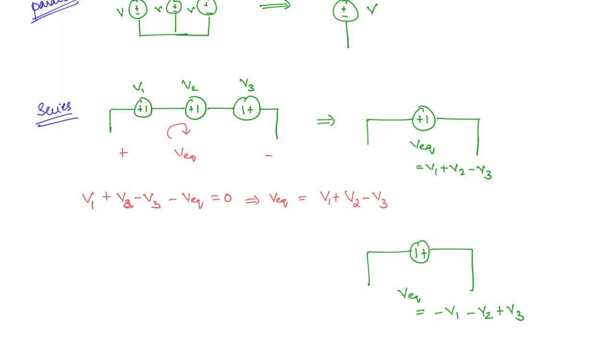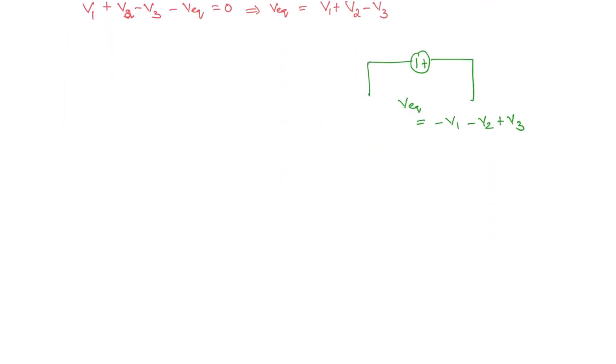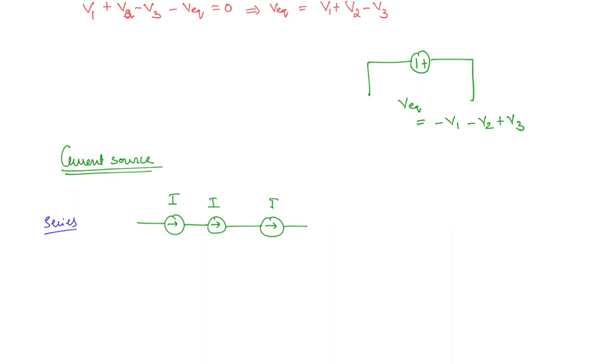Next we will discuss the equivalent current source. If current sources are connected in series, the same current will pass through all of them. All of them should carry the same current. Care has to be taken, otherwise the source might be damaged.